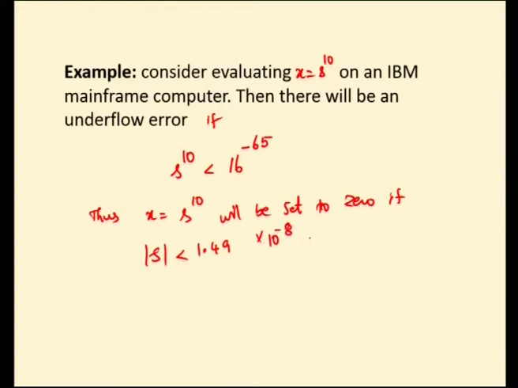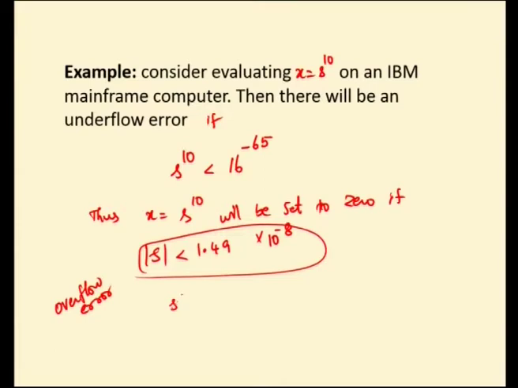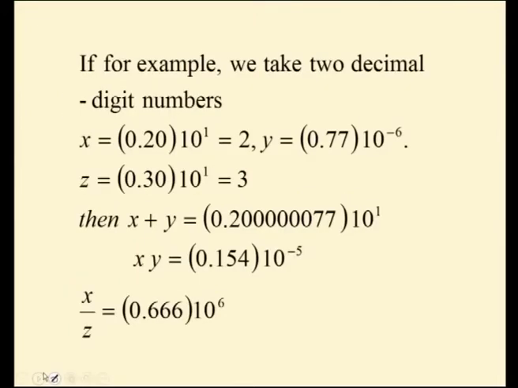Also, there will be an overflow error. Underflow error happens when s is less than 1.49 into 10 to the power minus 8, and overflow error occurs if s to the power 10 is greater than 16 to the power 63. Okay. Or equivalently we can say mod s is greater than 3.9 into 10 to the power 7. So, this is what overflow and underflow errors are.